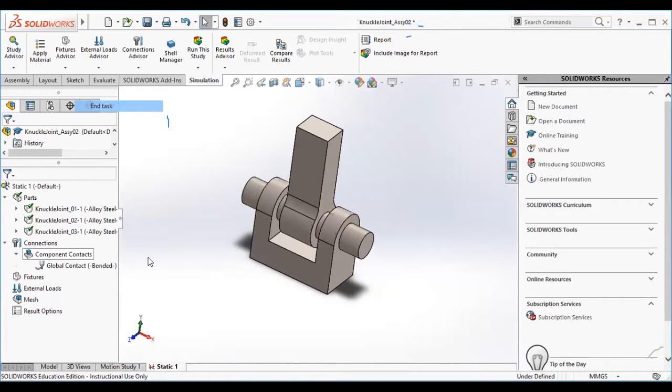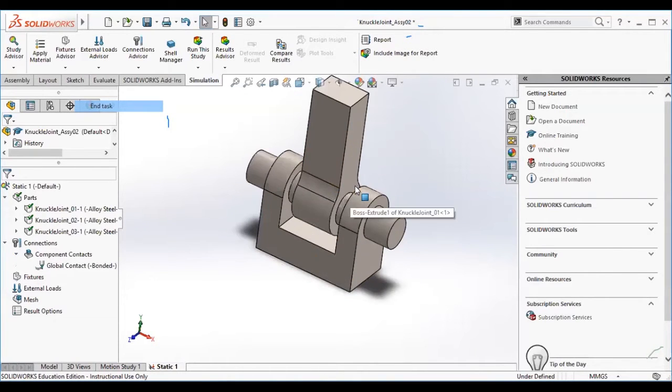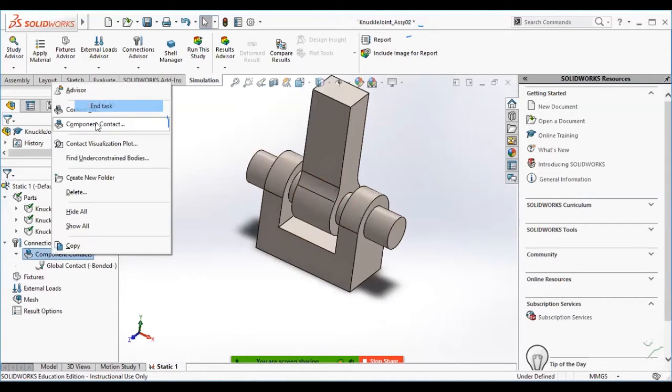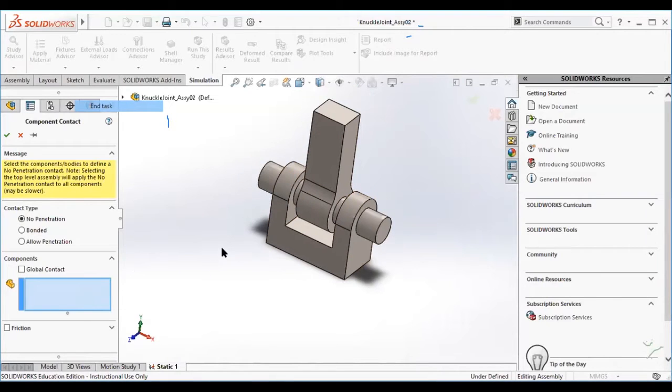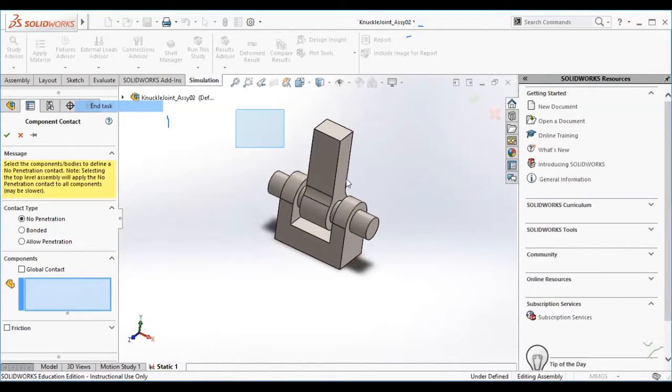Okay, so after that, I need to make sure that I define the connections between each part. So we have to create a contact definition. Basically, we have to ensure that the contacts are defined properly. And how do we define the contacts? You select all the parts. SolidWorks has a nice feature that it automatically identifies the contact surfaces.